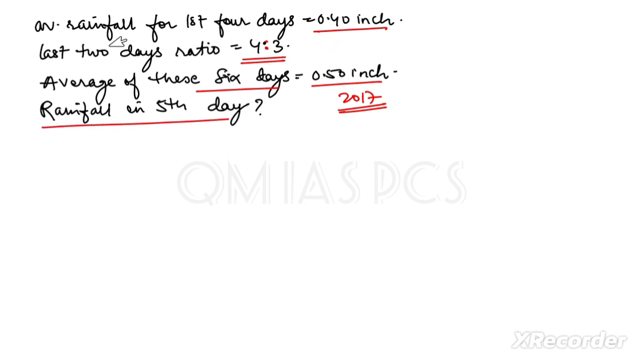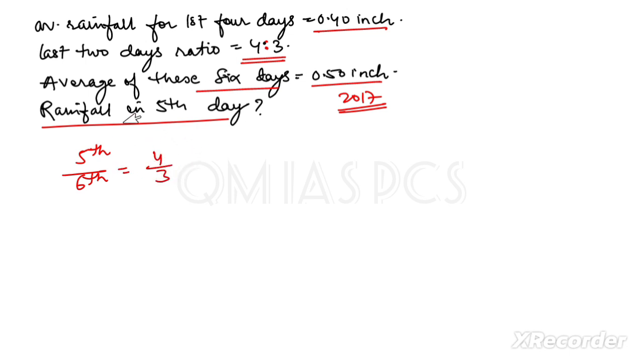Okay, for the first 4 days it was given average value 0.40, but for the last 2 days it was given in ratio form 4:3. If I say the last 2 days, we can say the fifth day and this sixth day, in ratio 4:3, it will be 4/3.